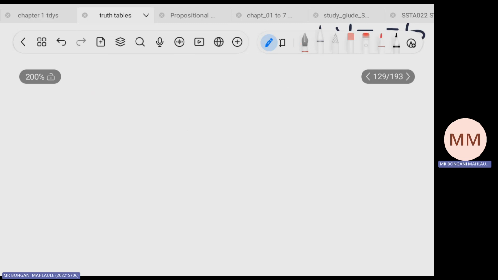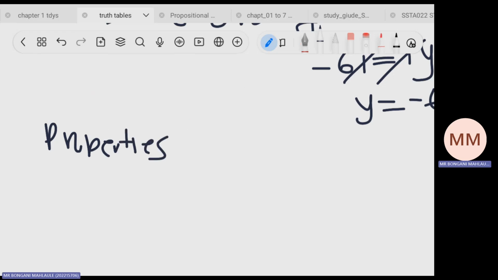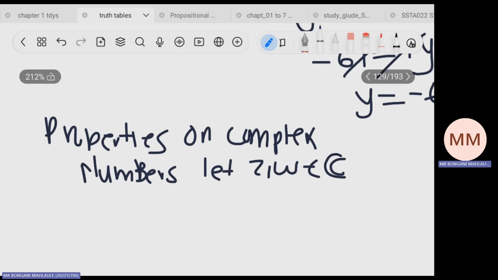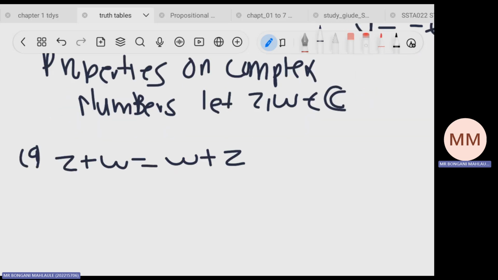Now I'm going to move to the properties that you must know on complex numbers. We're going to let z and w be complex numbers. The first property, z plus w is the same as w plus z. This is there by the commutative law.